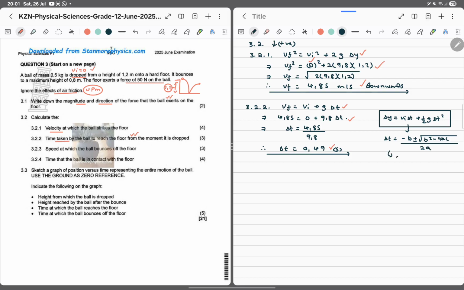And the answer here, you choose the positive answer. Right? Never choose a negative answer unless it's the only answer that we get. Then we have to ignore the sign. But when we get a positive and a negative, the positive answer is the correct answer. The negative answer is not the answer. We never have negative time, do we?